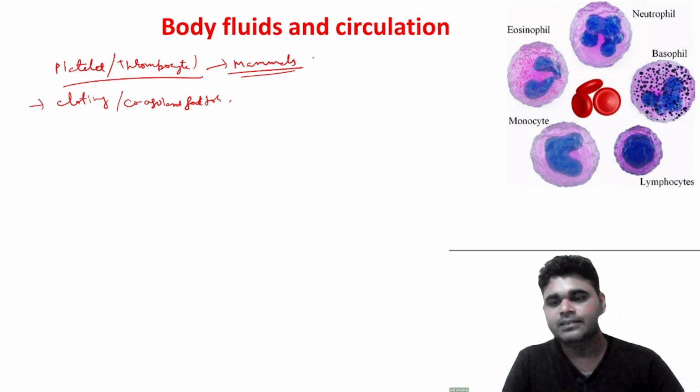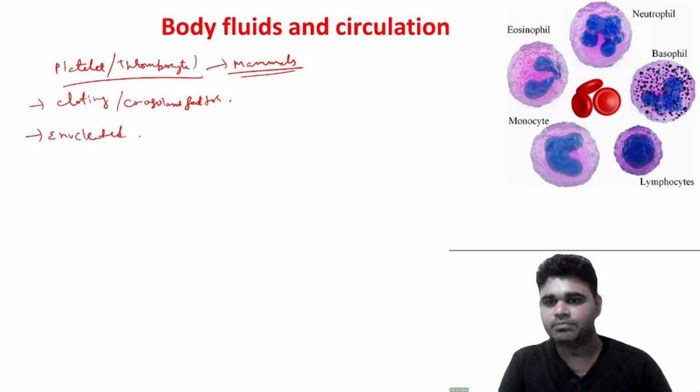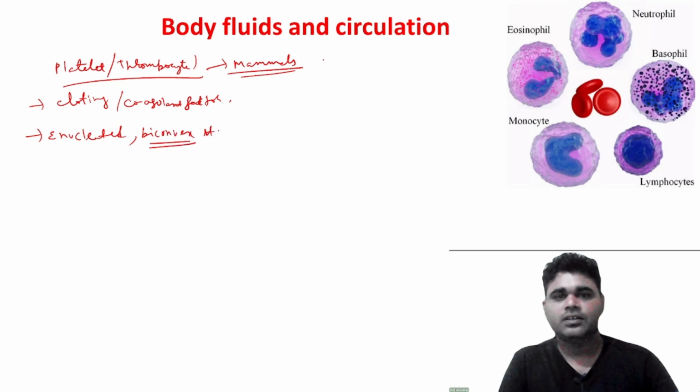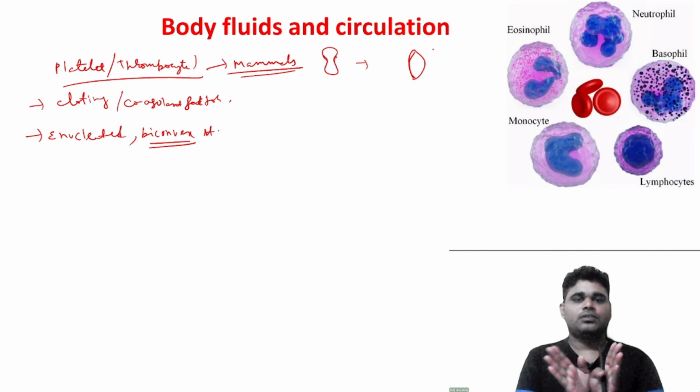So only the mammals. The structure of the platelet is enucleated like the RBC, but the structure is biconvex. What is the biconvex structure? Look at this RBC structure. The RBC structure was like this. Here the outer part was intruded inside, but the structure of the platelet is like this. That means the outer part is extruded to the outside.